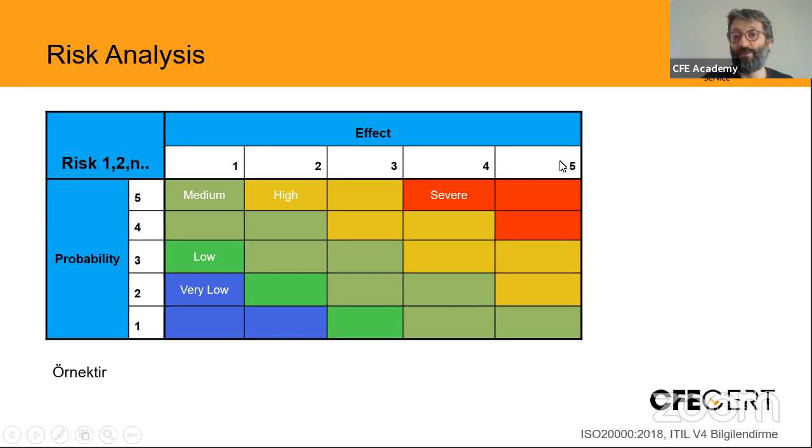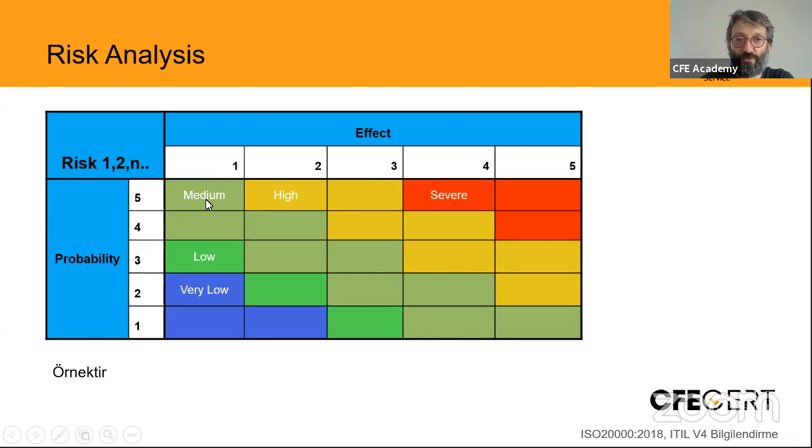And if this risk happens and it's possible for you to lose, I don't know, 50% of your customers, then the effect number will be 5. So the numbers, the scale, and the meaning of these numbers are entirely up to you. The standard is not forcing you to do anything about this.